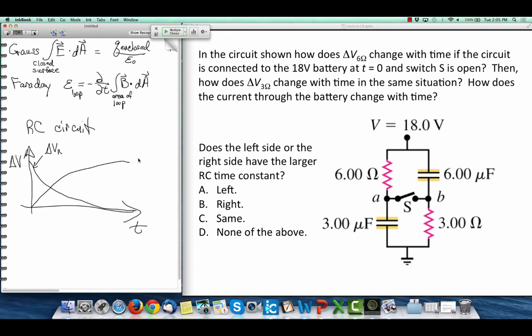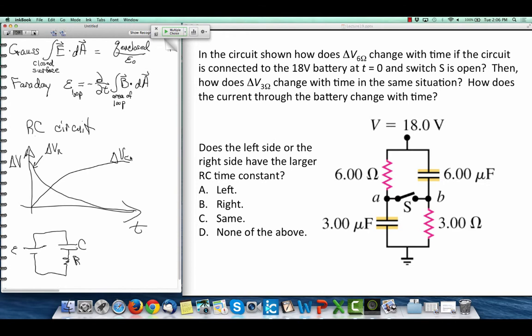If you have a battery and you have R and you have C, then the battery voltage is constant, and the voltage across the capacitor and the resistor have to add up to that, one of Kirchhoff's laws, the loop law. So the voltage across the capacitor has to look like that for a single circuit.